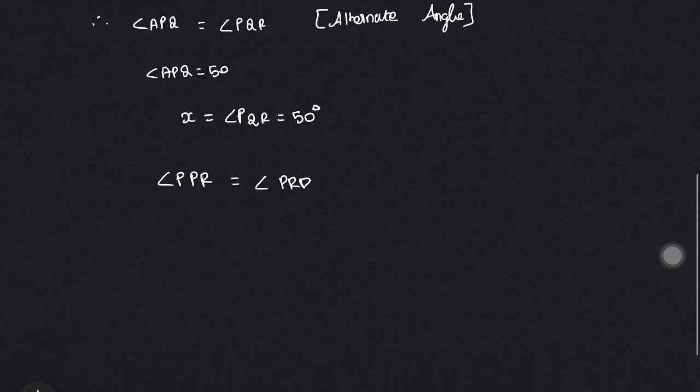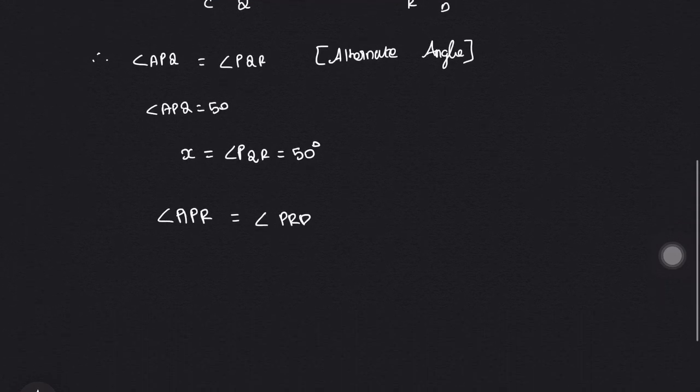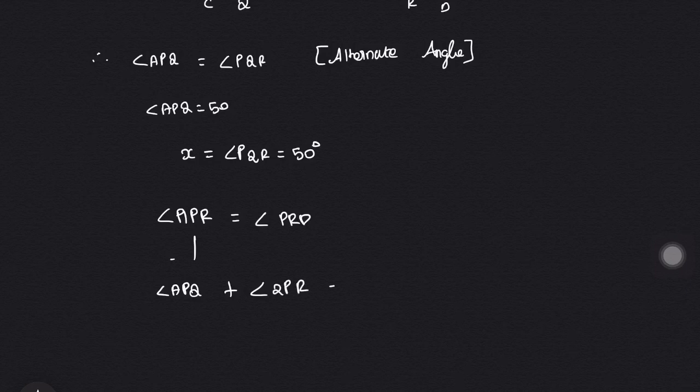The APR value is equal to just adding these two angles: angle APQ plus angle QPR. So this value is equal to angle PRD.